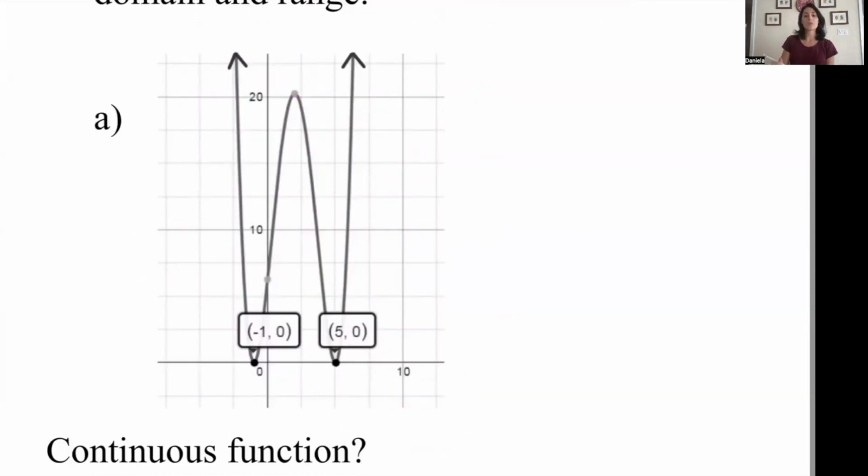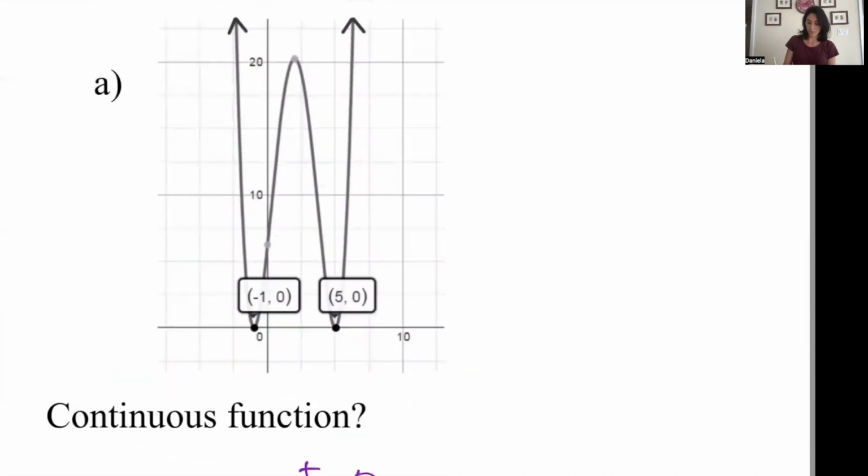So the domain of this function is going to be all real numbers. Again, the domain is the x-axis. So all of the points. If I just graph this point, this point, this point, this point, they're all going to be points.